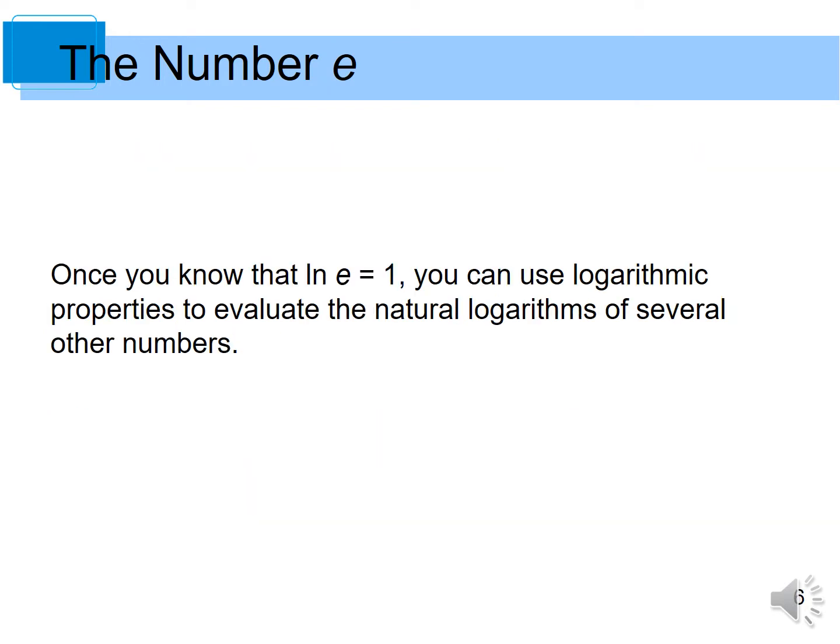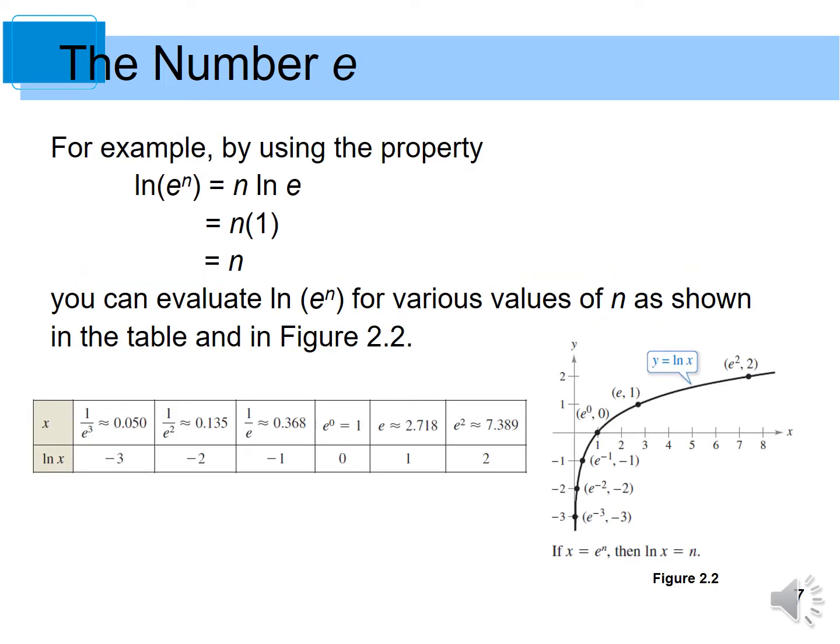Once you know that the natural log of e is 1, you can use logarithmic properties to evaluate the natural logarithm of several other numbers. For example, we have natural log of e to the power n, where the power n can be moved to the front.